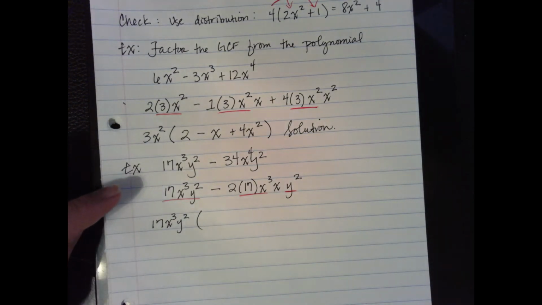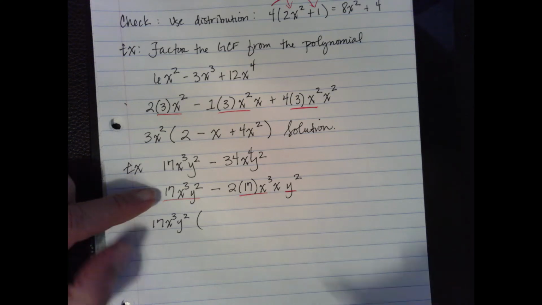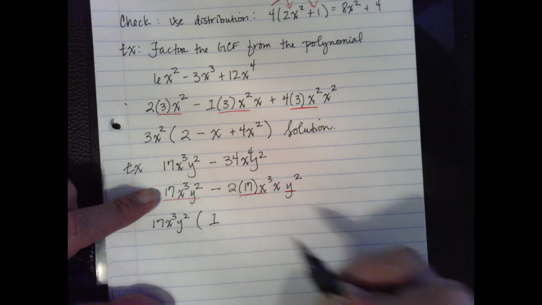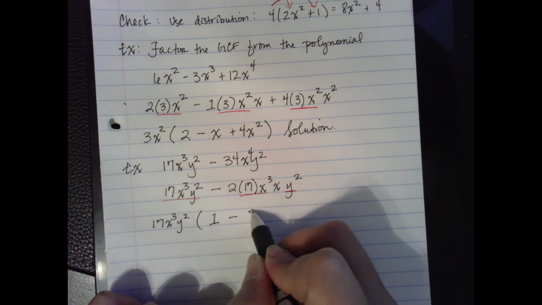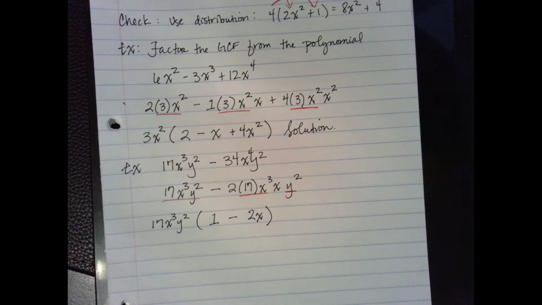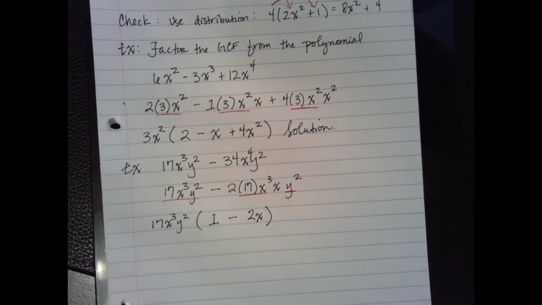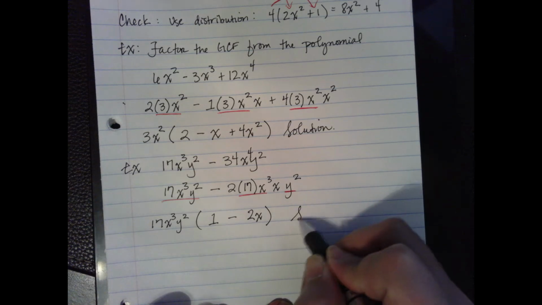And what's left over is everything that remains. Here, I'm taking the entire term. So what's left over is 1 minus 2x. Okay, so when your GCF is an entire term, a factor of 1 is left over. This is my solution.